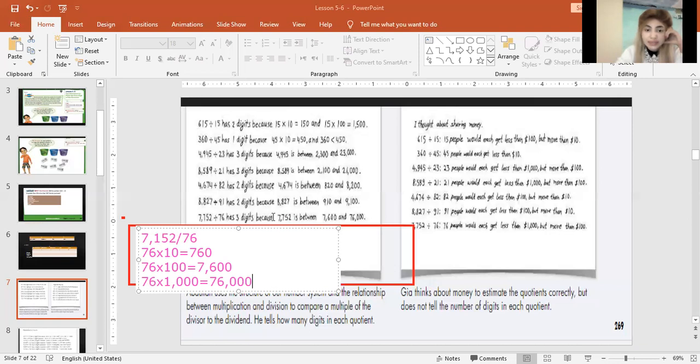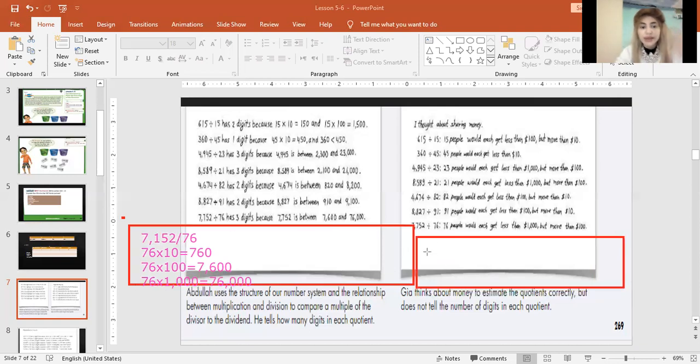So I will take these numbers and write it as in the previous equation and say that I have 760 smaller than 7,152, and 7,152 smaller than 7,600.